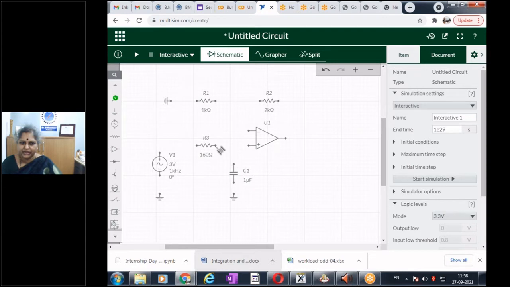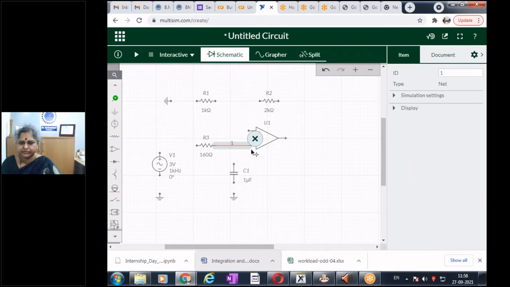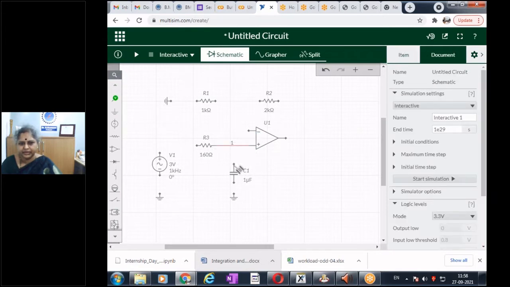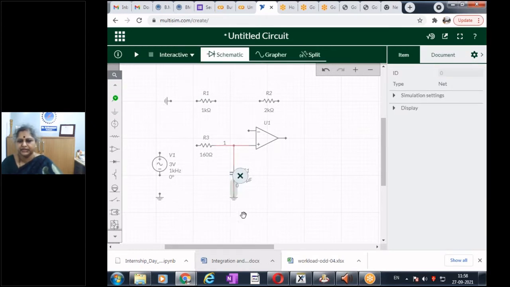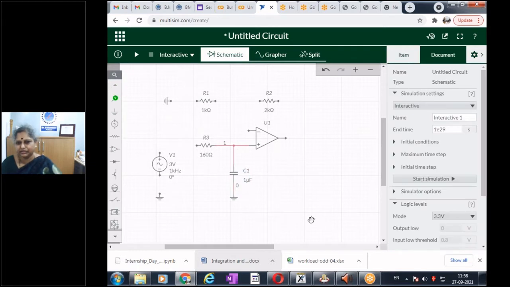So now let's do the wiring. So I take my wire cursor, it becomes a wire, and then I place it here, and then I put it here. And this is my RC, that decides my cutoff frequency, and this is my input.